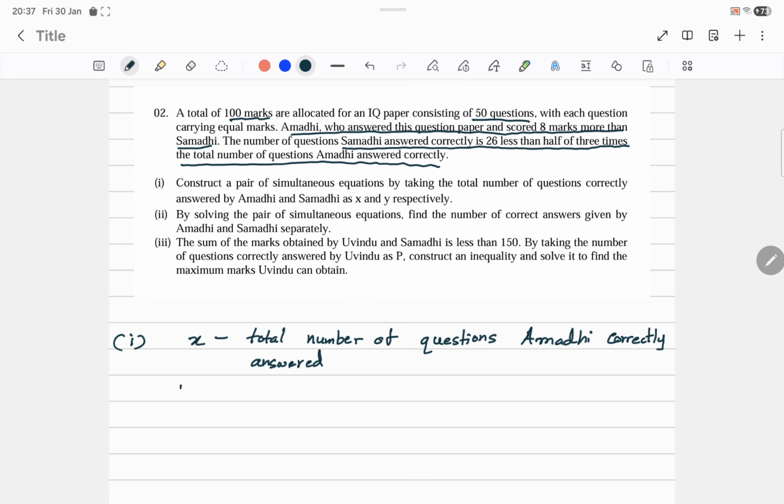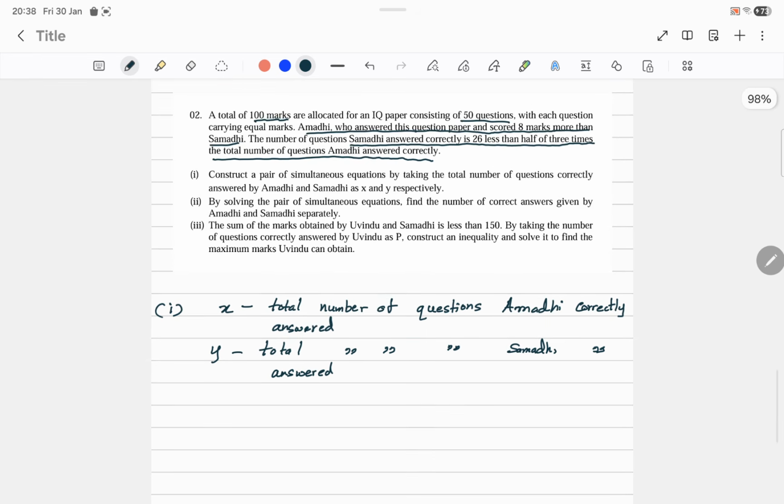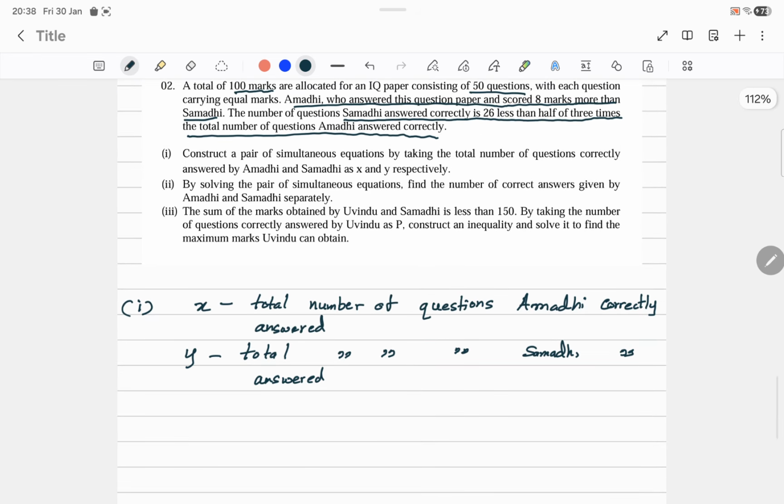Then y is defined as the total number of questions Samadhi correctly answered. Right. So then we have to create a couple of equations, right?